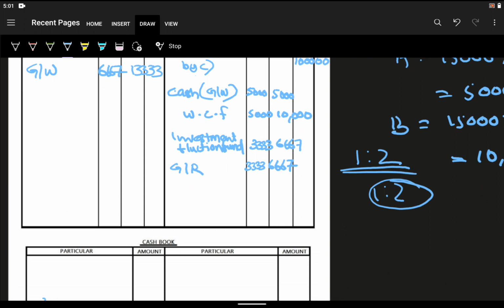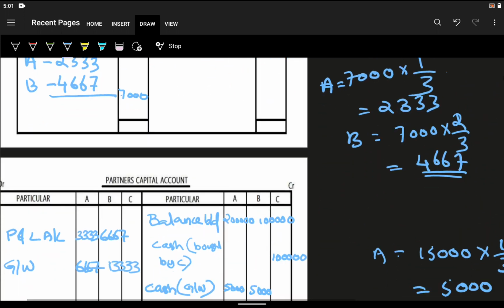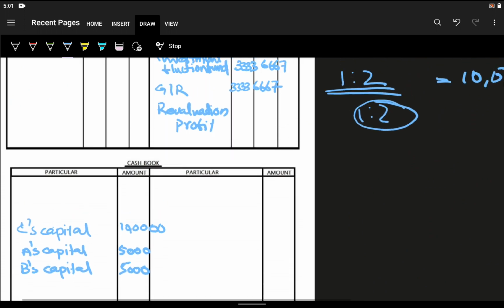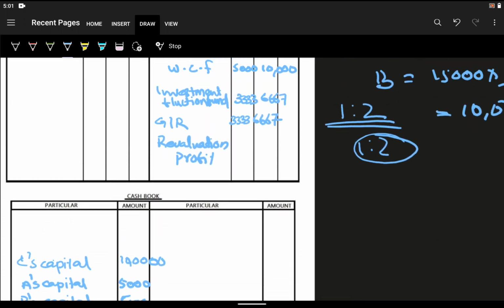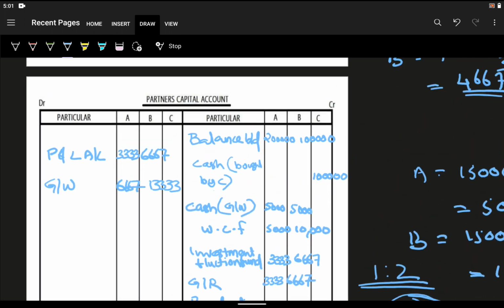So we will write revaluation profit here. For A it is 2,333. For B it is 4,667. So this is the revaluation profit. Nothing else, so we'll balance our capital account.